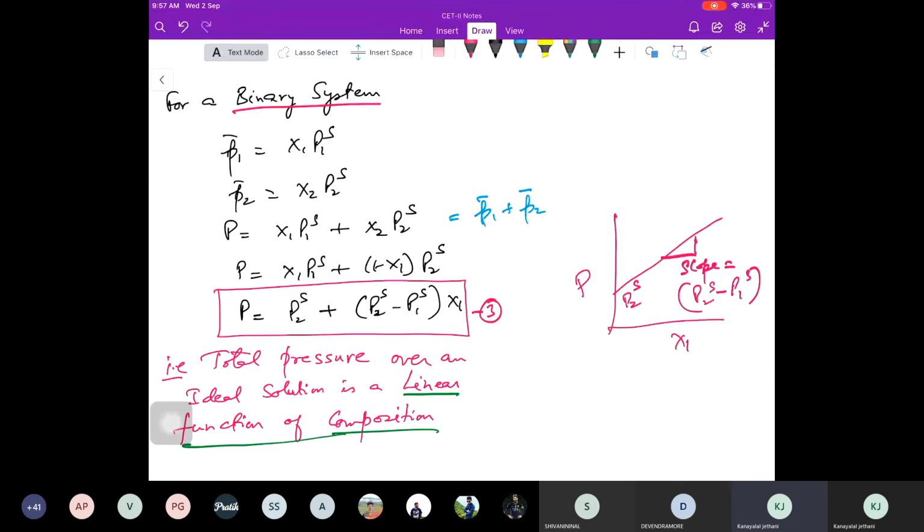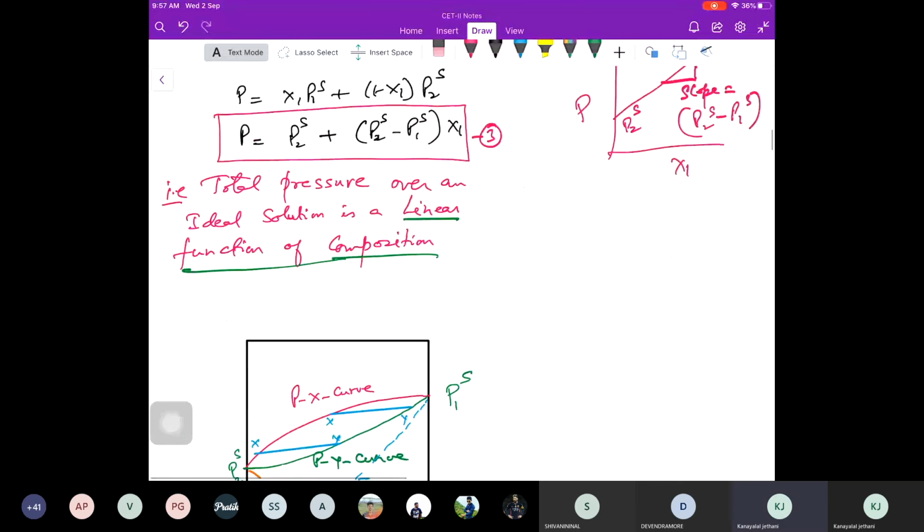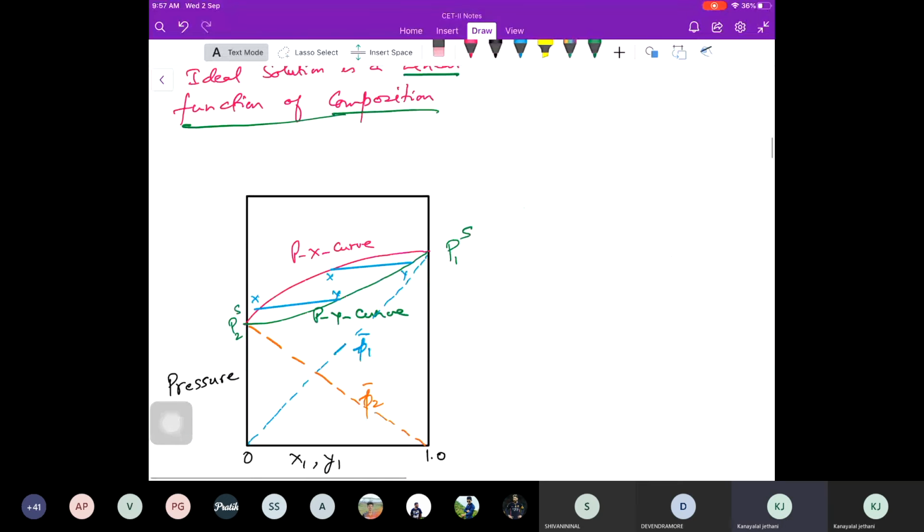So this is essentially a linear correlation. That's what it says. It's a linear function of the composition.